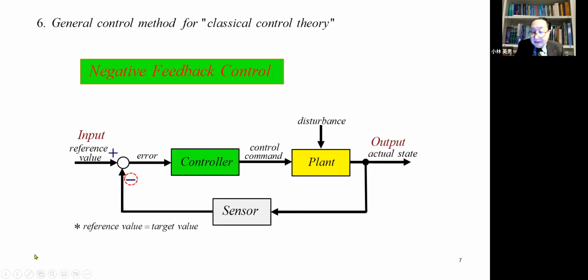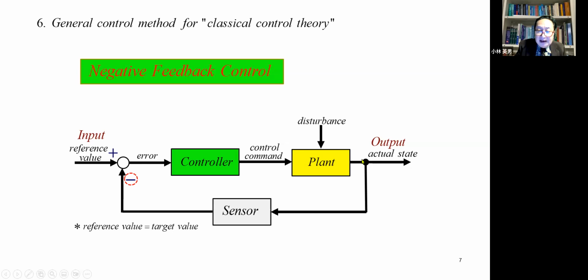Okay. Then next page. General control method for classical control theory. Usually, this control theory is used in a negative feedback system, negative feedback control. Reference value, this is also called input, and error is this one minus this one.